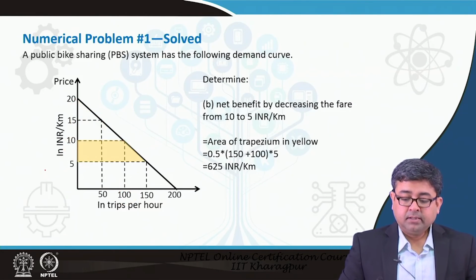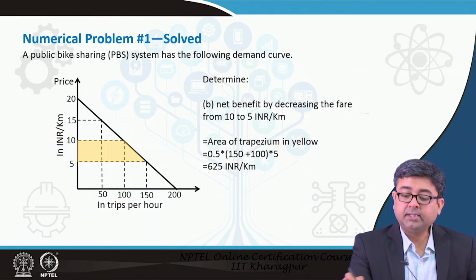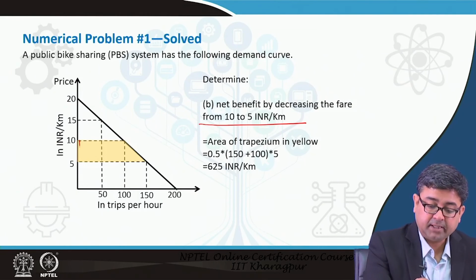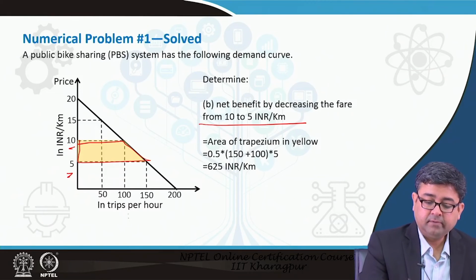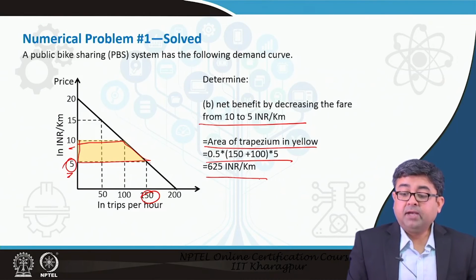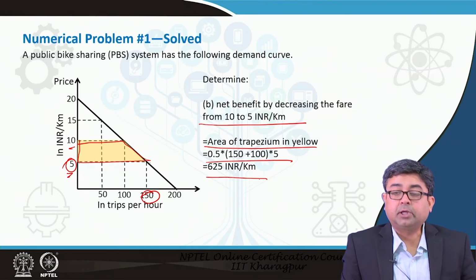when there are 100 trips per hour at the cost of 10 rupees per kilometer. Next, what is the net benefit of decreasing the fare from 10 rupees to 5 rupees? The net benefit is the entire trapezoid between 10 and 5 and up to 150, because at 5 rupees there are 150 trips per hour. If you calculate the area of the trapezoid, you see that there is a net benefit of 625 rupees per kilometer if you reduce the price from 10 to 5.